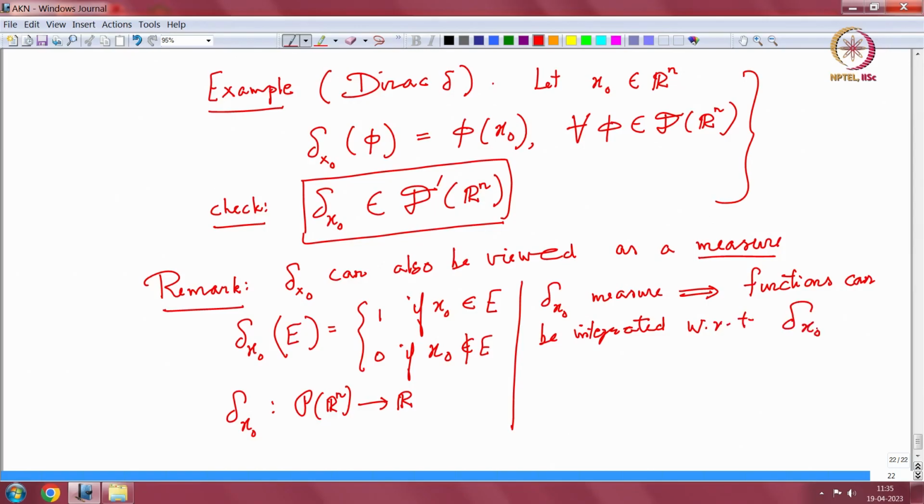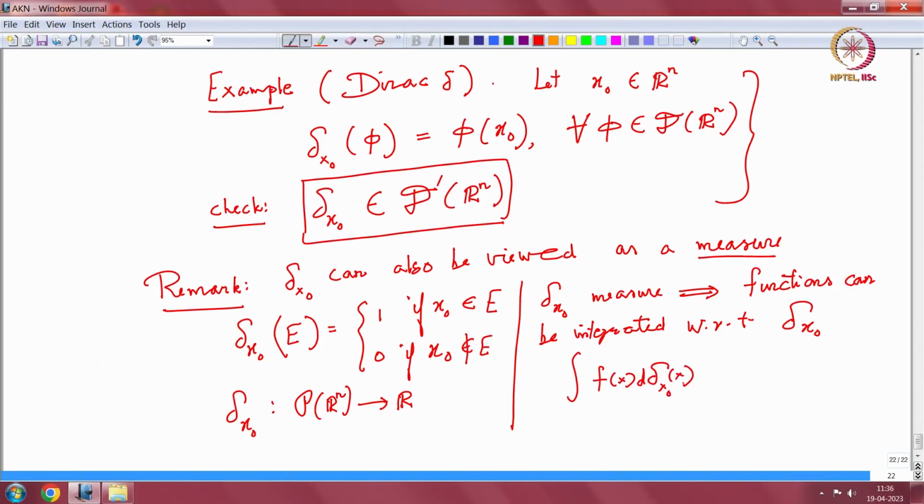That is what Dirac envisaged: Dirac wanted delta x naught to act as an operator on functions. With functions f of x, you can integrate this function with respect to delta x naught.